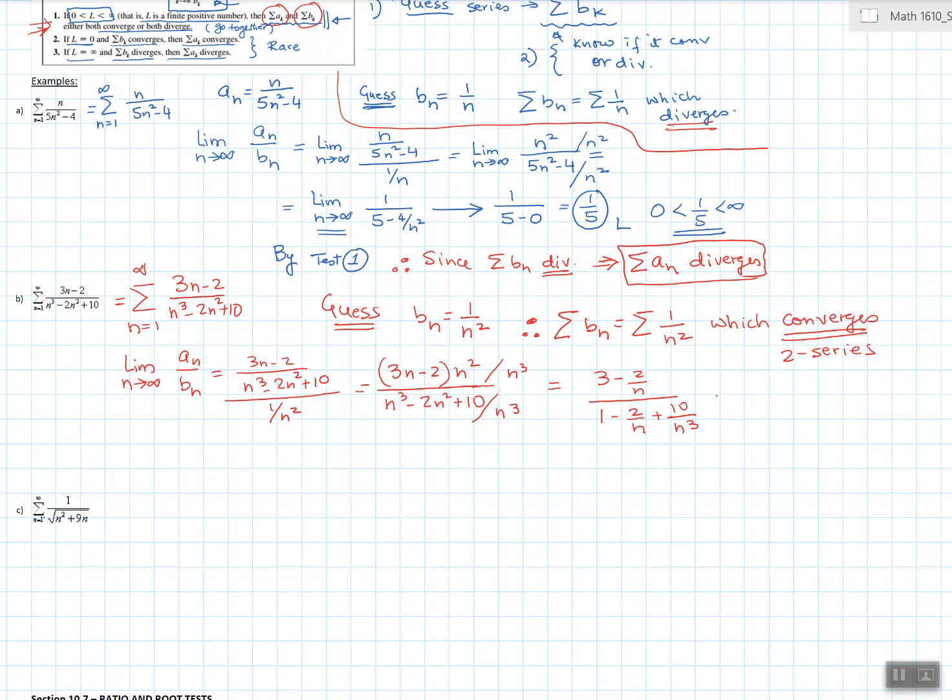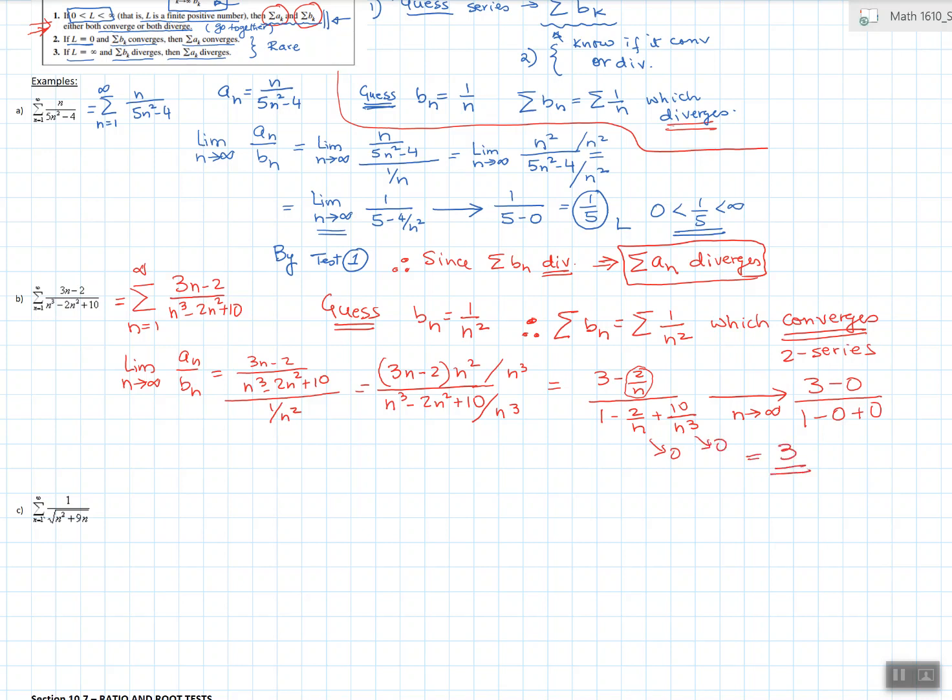Now as n goes to infinity, I have 3 minus 2 over n, this goes to 0, over 1 minus 0 plus 0, so these all go to 0. So therefore I'm left with 3.